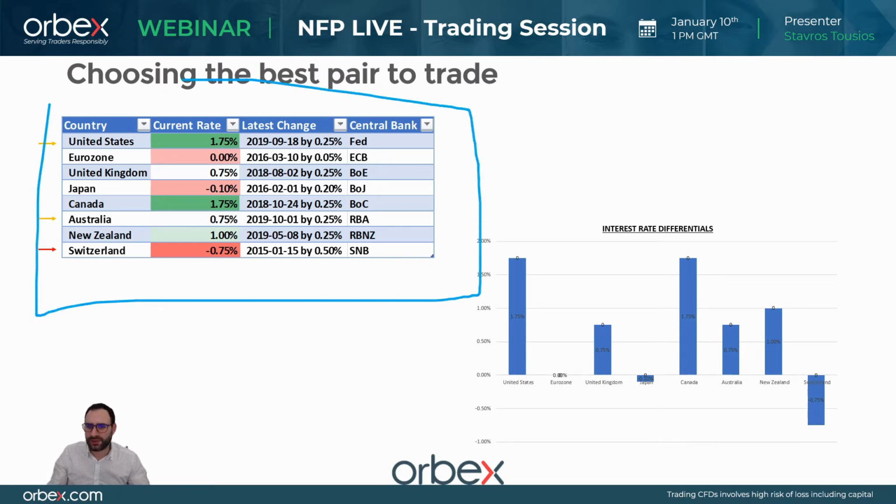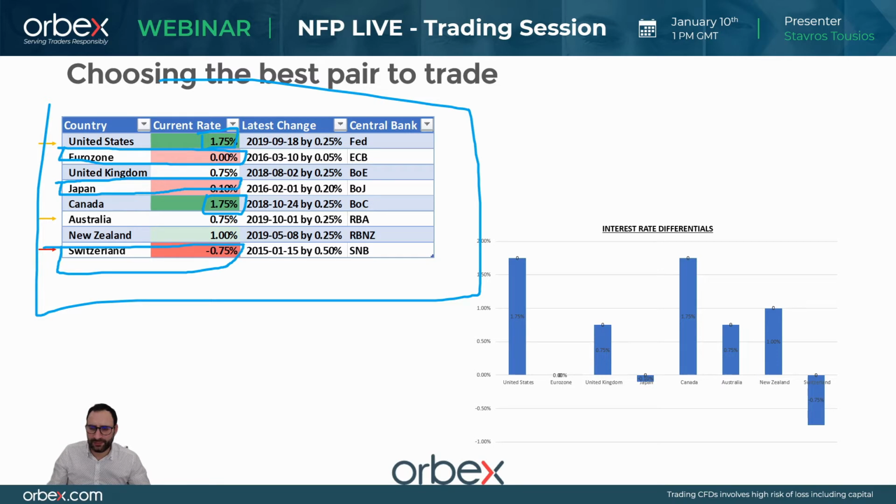We've gone through this before. One of the ways is to look at the differentials between the banks. Of course, the Canadian one and the US one are the best case. If the NFP in the United States is good, we should be looking to trade that against the Swiss franc, against the Japanese yen, and against the euro. Okay.